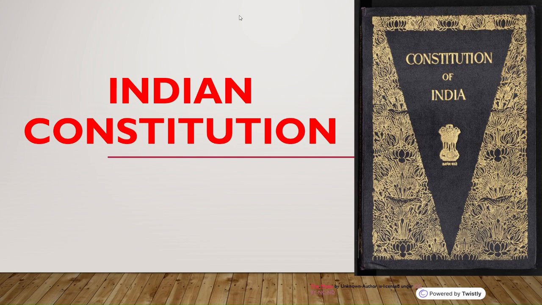The Steering Committee was headed by Dr. Rajendra Prasad. These are the major committees, and now we'll be moving to the Preamble. We'll start the Preamble now. We'll be dealing with the important terms and their references in the Constitution of India.